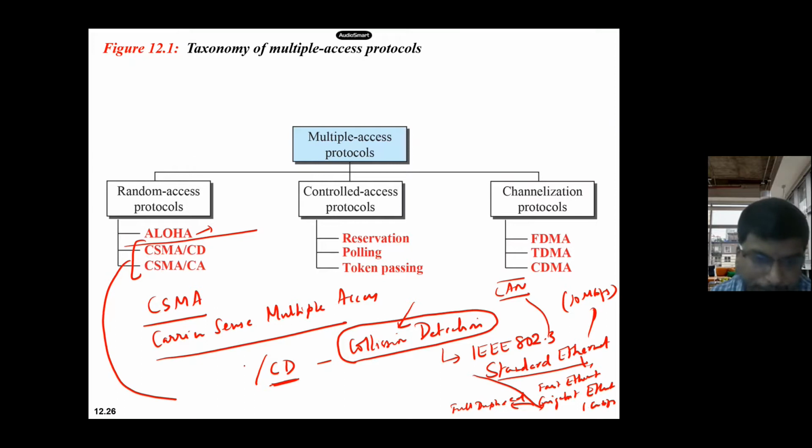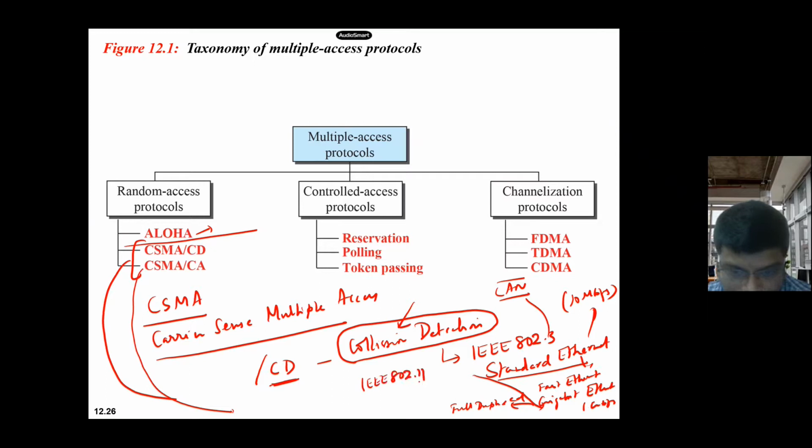LAN standard, and CSMA CD was used over the multi-point link. And then CSMA CA, which was in parallel, was wireless dominated. So the IEEE Wi-Fi standard came in, right? IEEE 802.11, which is your Wi-Fi standard, at the MAC layer adopted this CSMA CA scheme, where CA stands for collision avoidance.